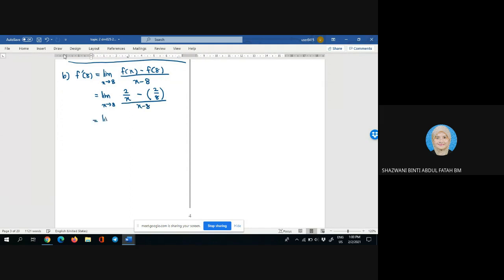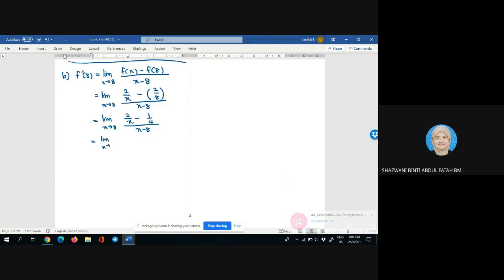Okay, so therefore this one becomes limit x approaches to 8, 2 over x minus 1 over 4, over x minus 8. Okay, so this one x minus 8 kita kena bawa naik atas.